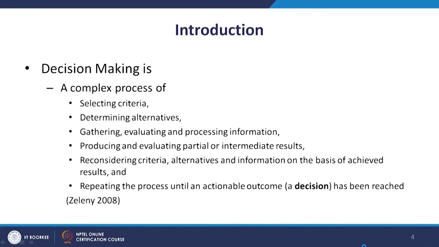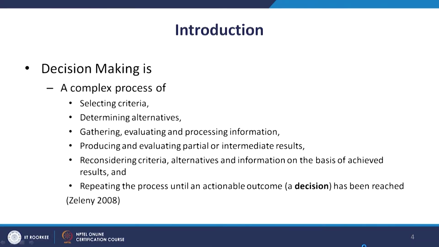All this makes decision making a complex process. Decision making is a complex process of selecting criteria, for example, in the previous example, the performance on subjects; determining alternatives, for example, the students; and gathering, evaluating, and processing information. So, we need to get the information on students' performance on the different subjects that they are being taught.